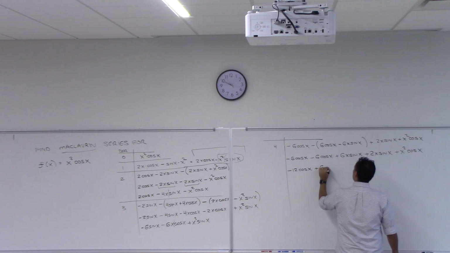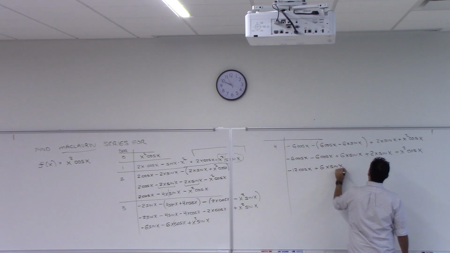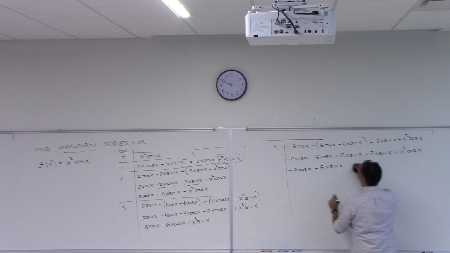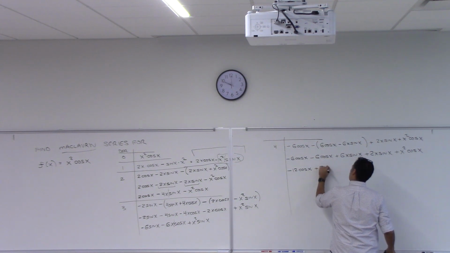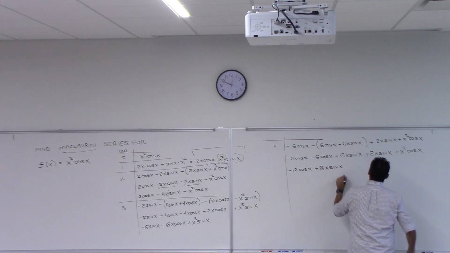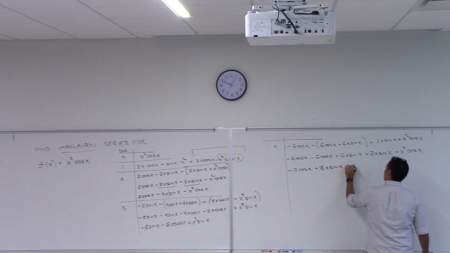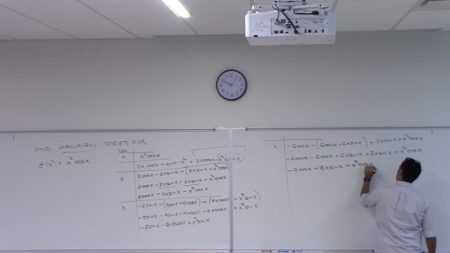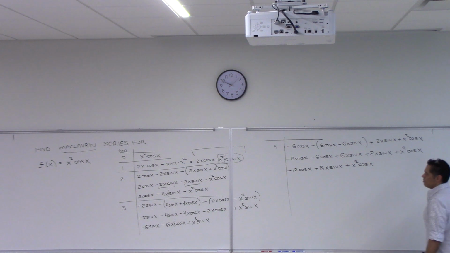Oh, wait, no, plus 8x sine x plus x squared cosine x. That's my fourth derivative. I'm going to do one more to see if we can finally come to a pattern.